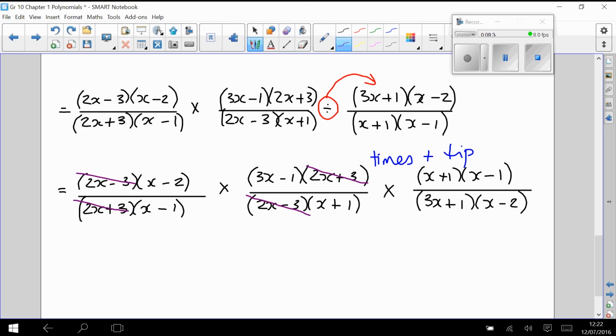Notice that you cannot, for example, cancel 3x minus 1 with 3x plus 1 because they do not have the same signs. But all of the other factors have a factor that matches one from the numerator and one from the denominator. So your answer is going to be 3x minus 1 all over 3x plus 1.